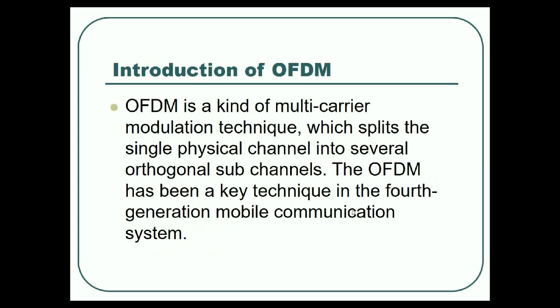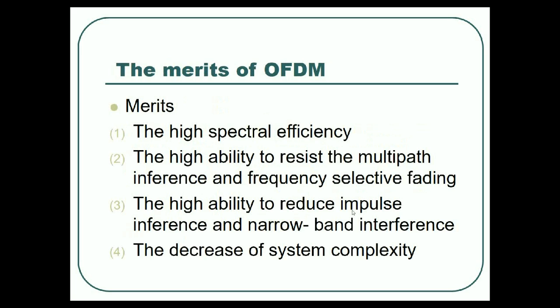OFDM is a kind of multi-carrier modulation technique which splits a single physical channel into several orthogonal subchannels. OFDM has been a key technique in the fourth generation mobile communication system. Here are several advantages of OFDM. The first one is high spectral efficiency.